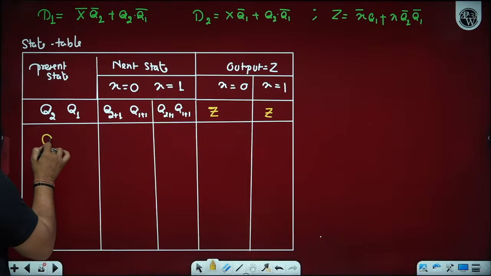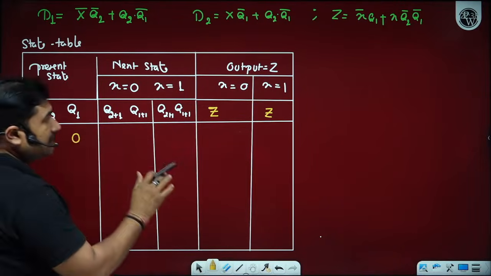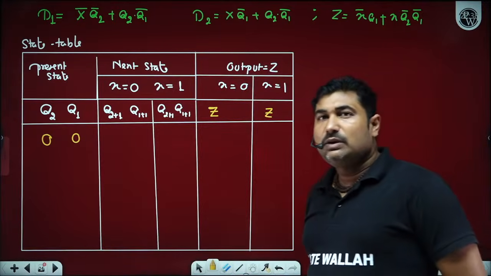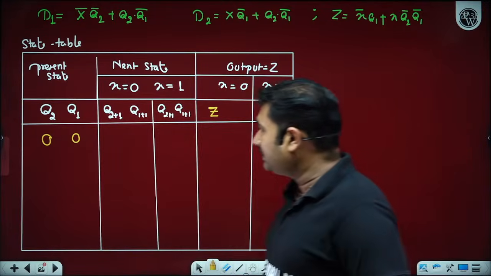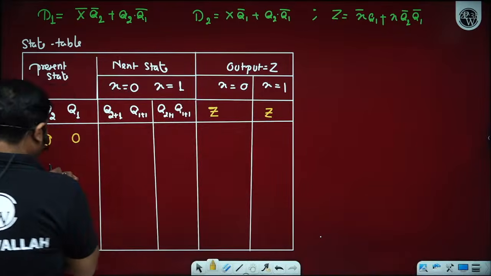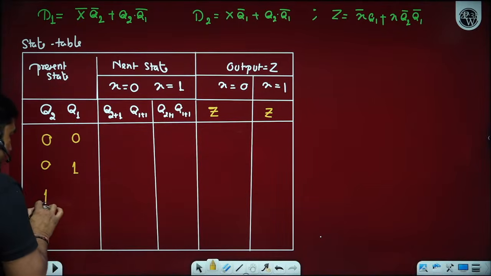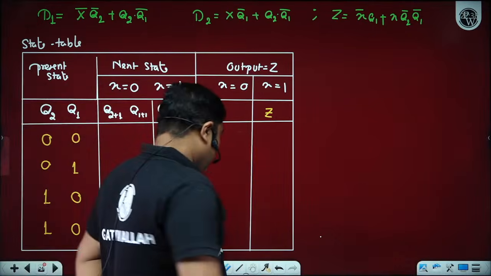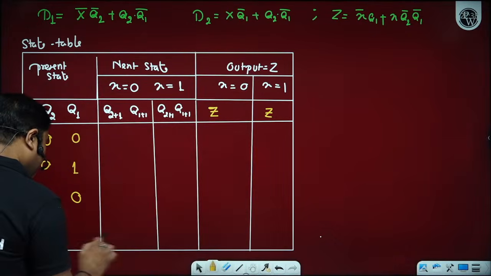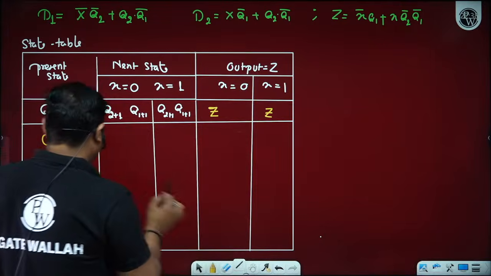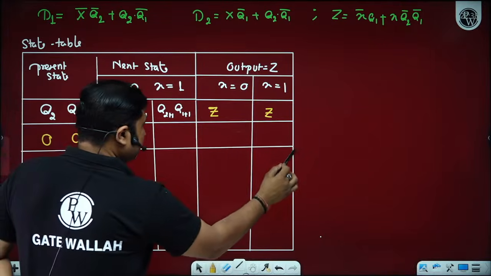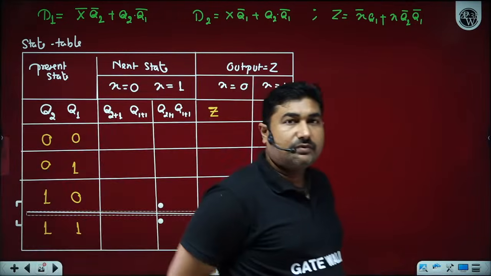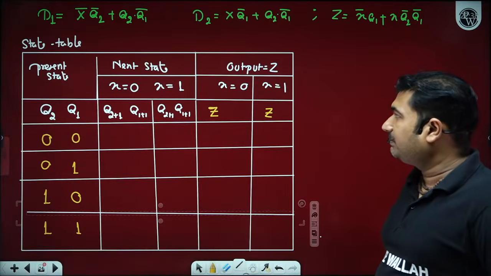So the present state may be 0 0, 0 1, 1 0 or 1 1. Four states can be represented like this. So we have four possibilities for the present state.